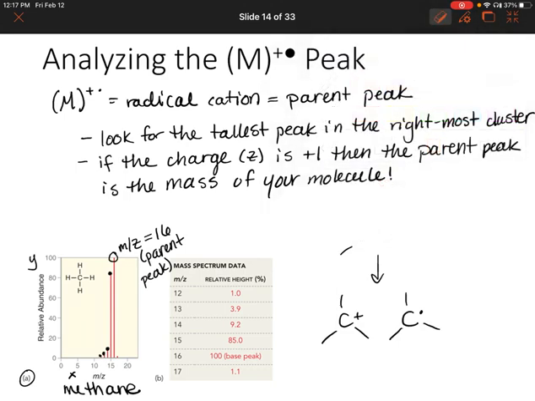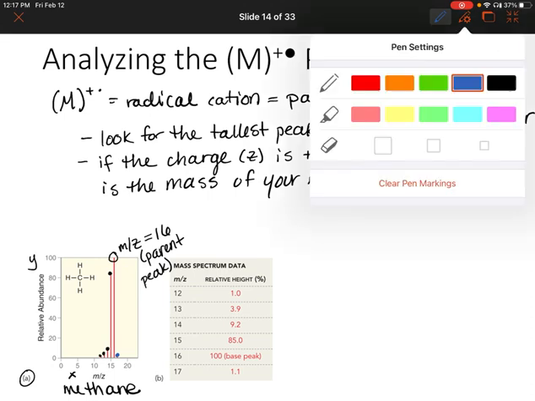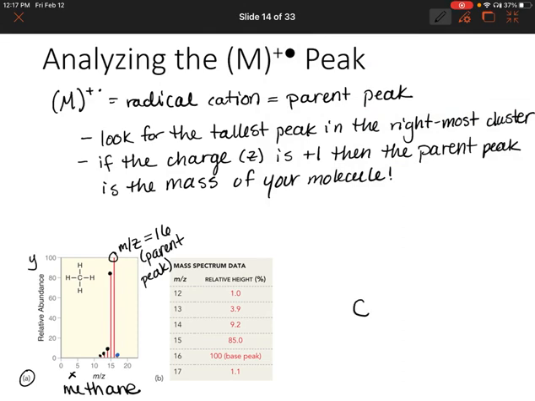Now, you might also be wondering, what is the little peak to the right of our parent peak? So that is due to isotopes. So remember, carbon has multiple isotopes. The most common one is carbon-12, but there's also carbon-13, which is the next most abundant isotope.